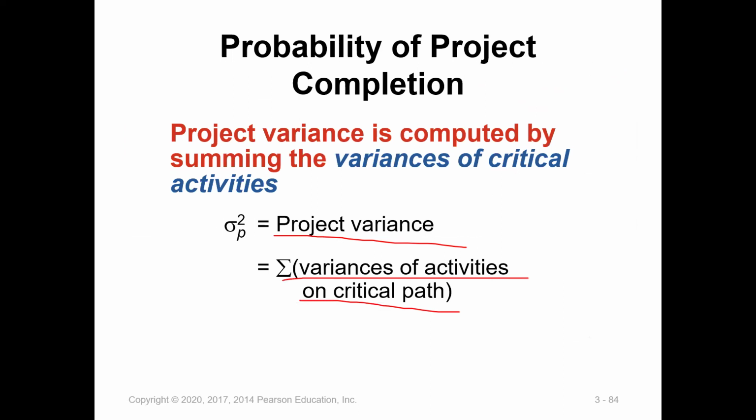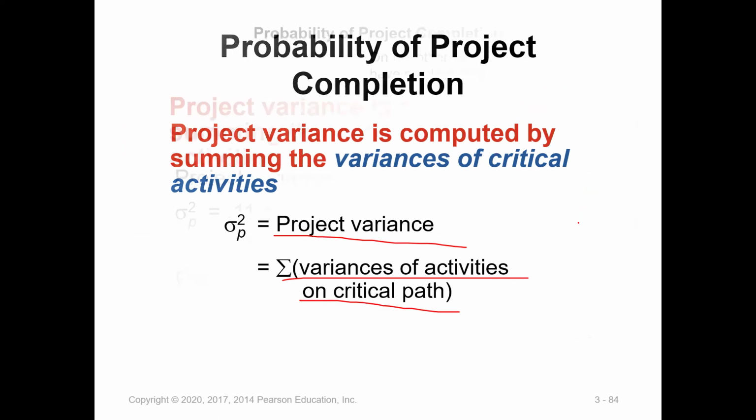So then we need the project variance, which is, as we said, sigma square for the project. Sigma square for the project, which is called the project variance. This can be calculated using the variances of activities on the critical path.